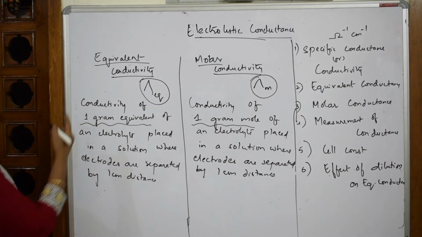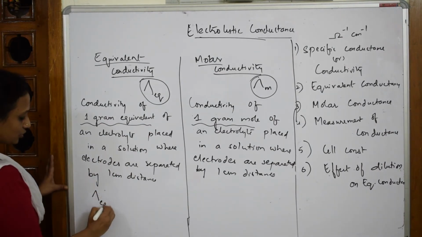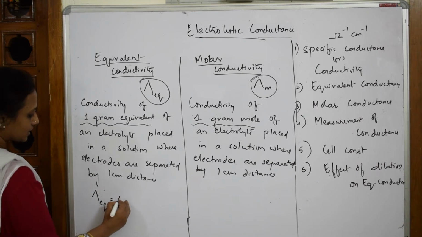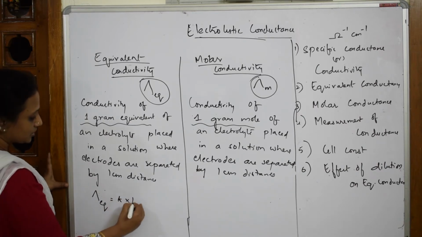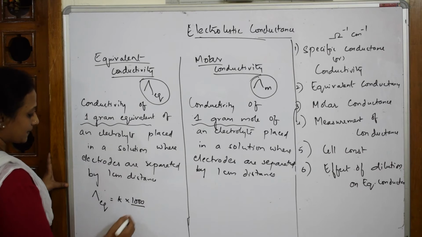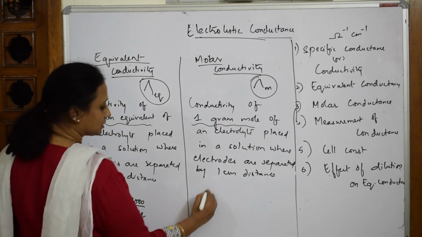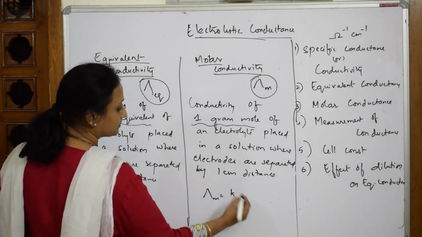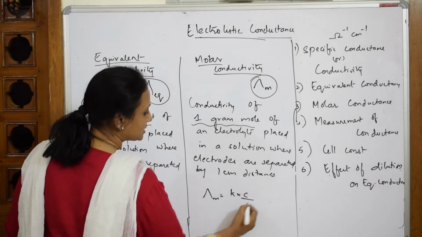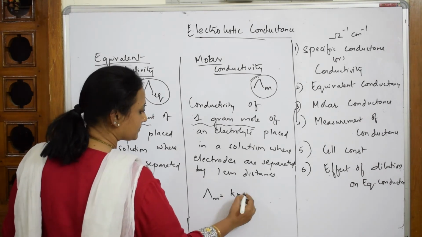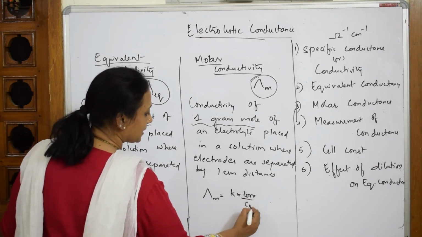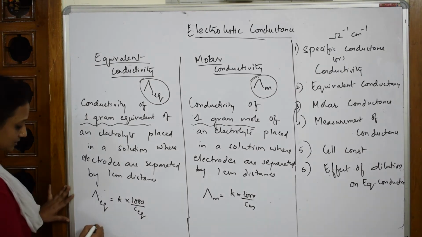How should I define? Just see, λEQ is equal to kappa into 1000 by CEQ. Now here λM is equal to kappa into 1000 by Cm. So what is equivalent equal to?